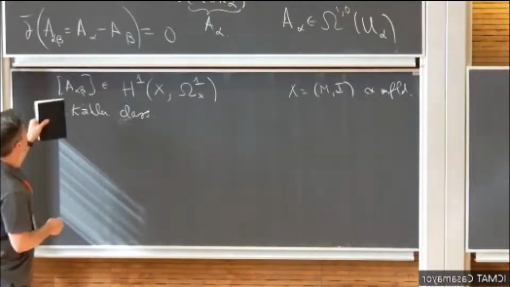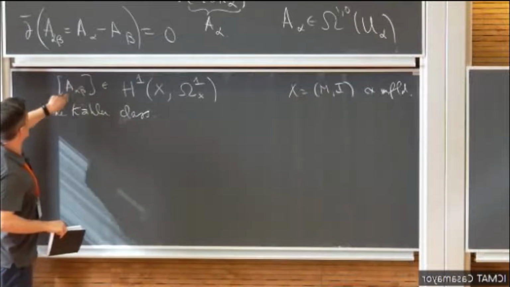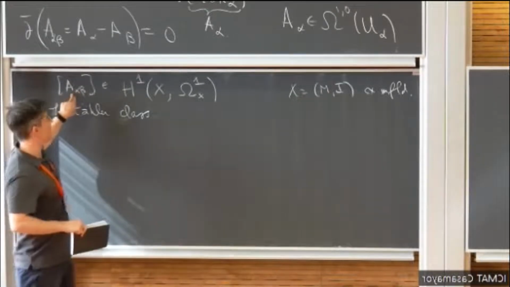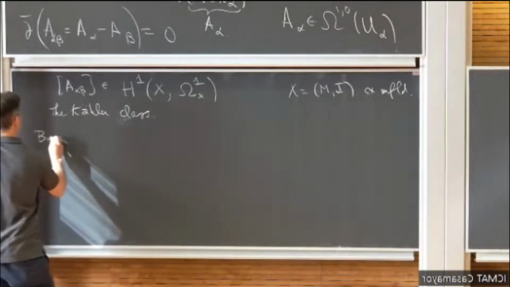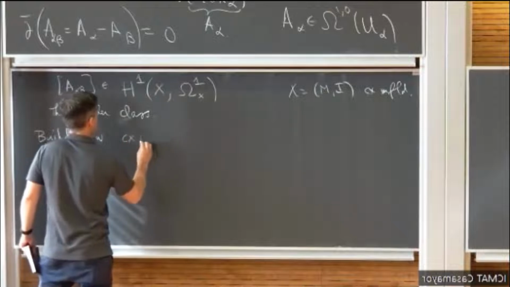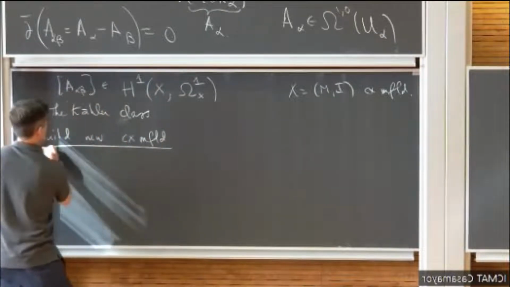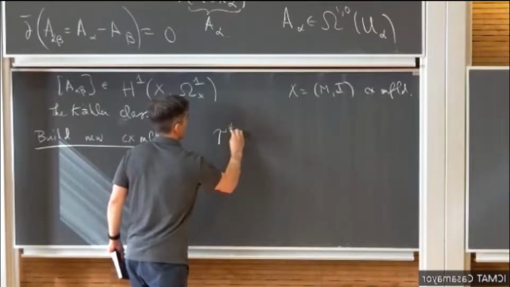So what we'll do is we're going to use this A alpha beta, this holomorphic data, to build a new complex manifold. And what is it going to be? I'll take the holomorphic cotangent bundle.